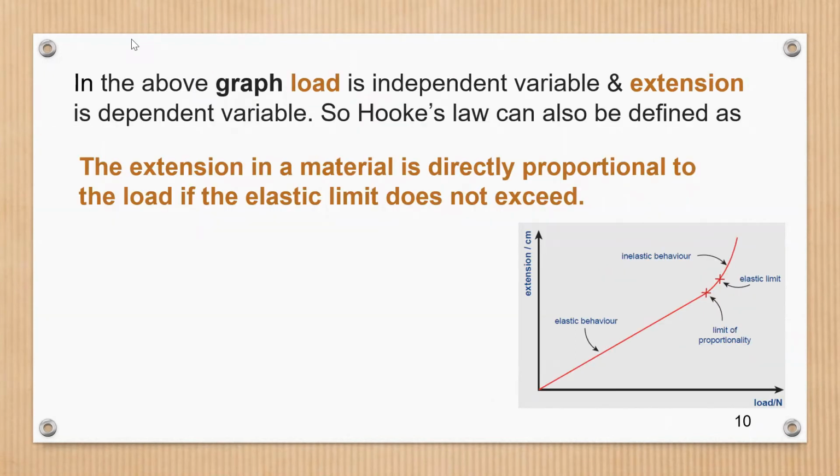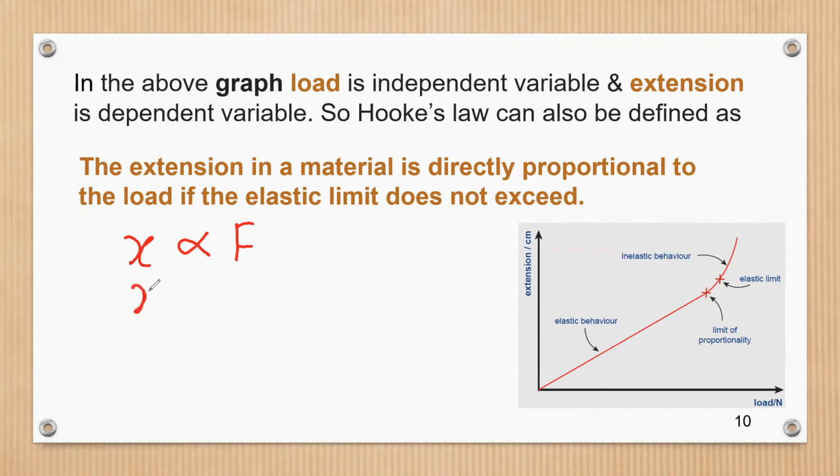In the above graph, load is the independent variable and extension is the dependent variable, so Hooke's law can also be defined as: the extension in a material is directly proportional to the load if the elastic limit is not reached. So we can write that extension x is directly proportional to the force. As load is the independent variable, the gradient in this case will be inverse.